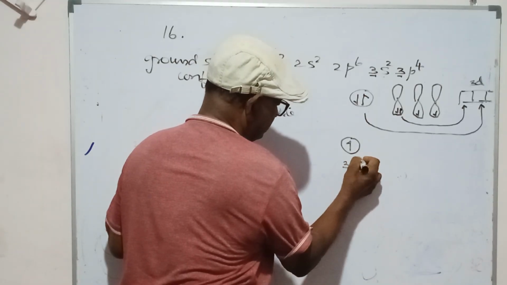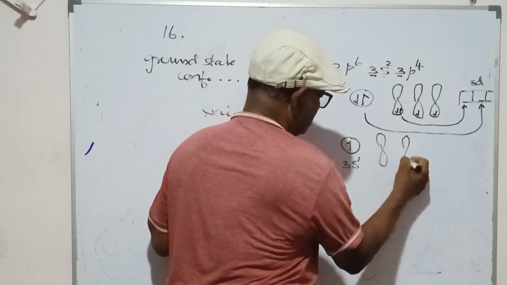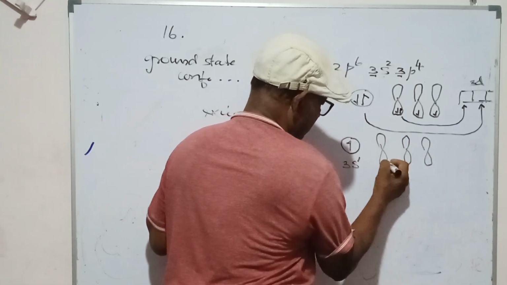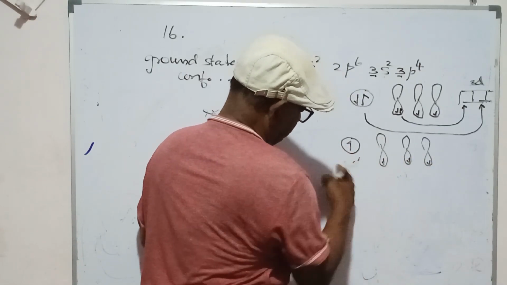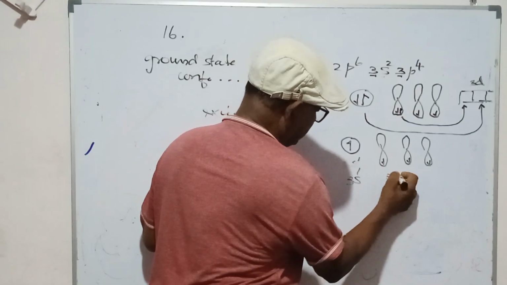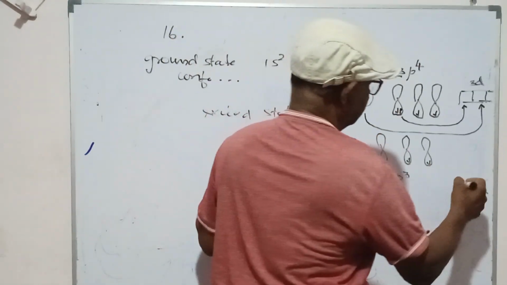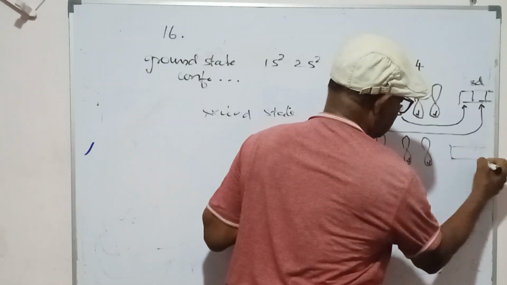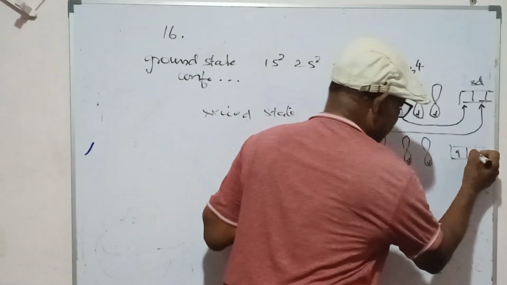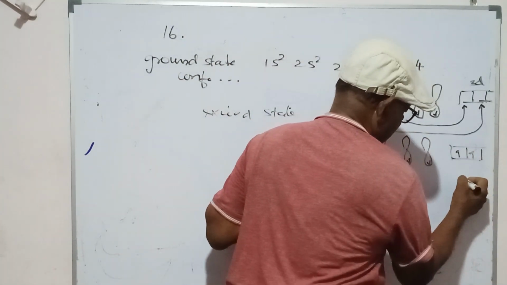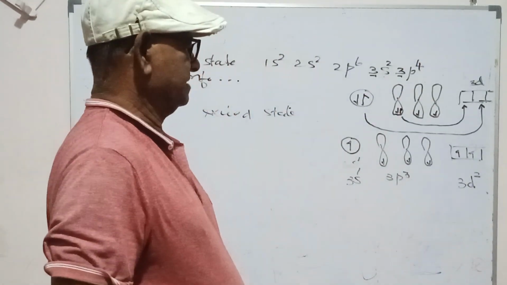3s1, 3p3, 1 electron in each, and 3d becomes 1 electron in the first orbital and a second electron in the other orbital, 3d2.